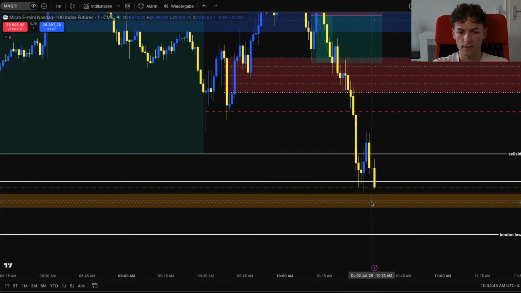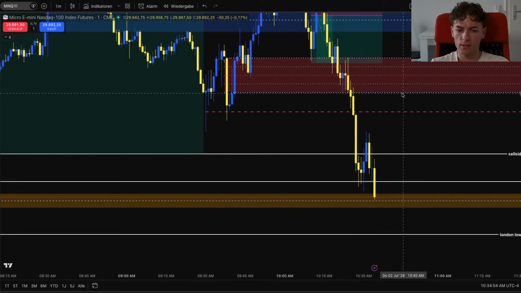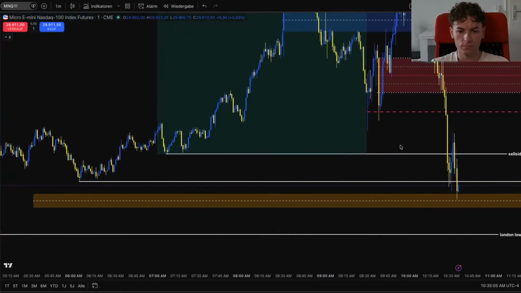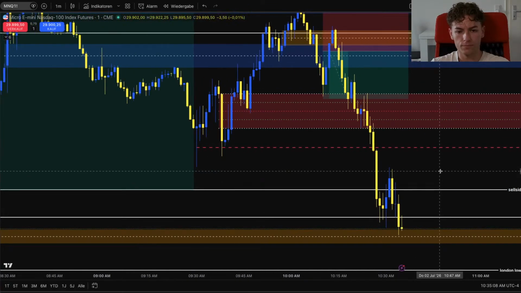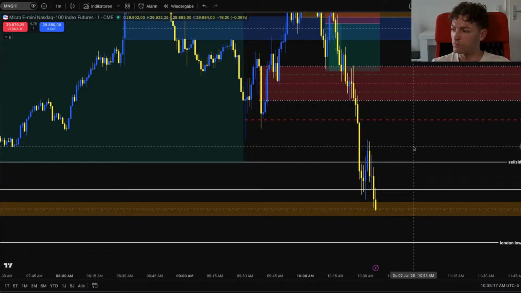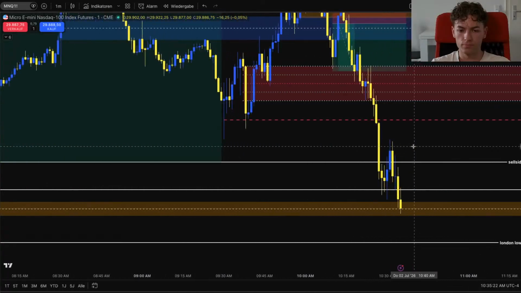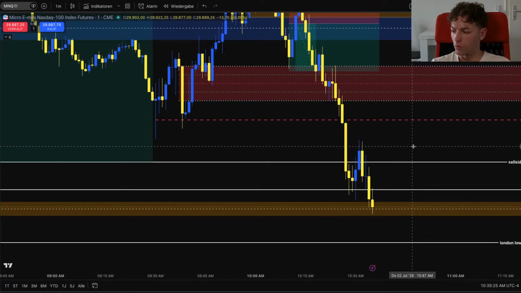I think price will get at least down into this range in this orange shaded box. There it is. And it will either reverse from here and retrace higher, or it will close below it and then go for these London lows. What price is the orange box?